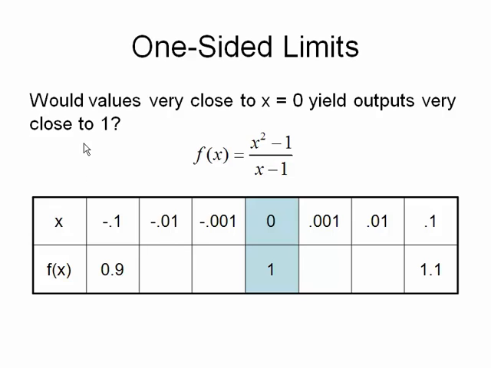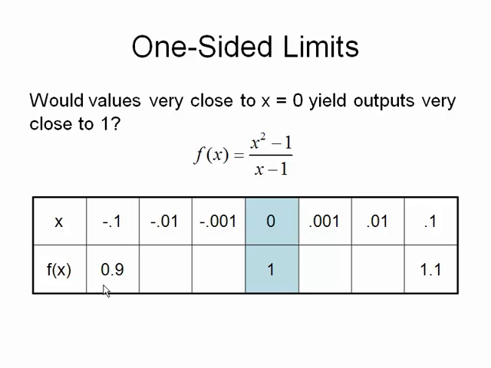The question that might come up is, would values very close to x equals 0 yield outputs very close to 1? So at 0 we've already got 1. What if I put in negative 0.1 or positive 0.1?